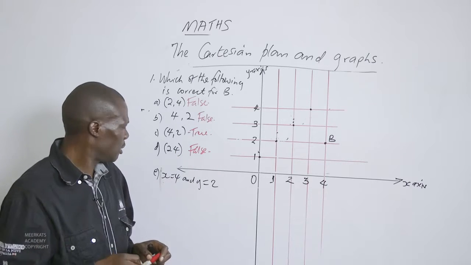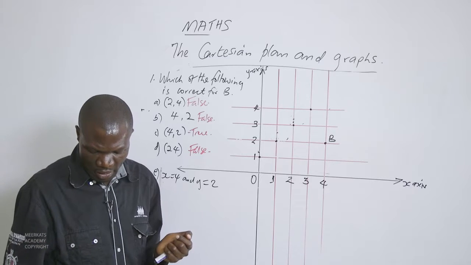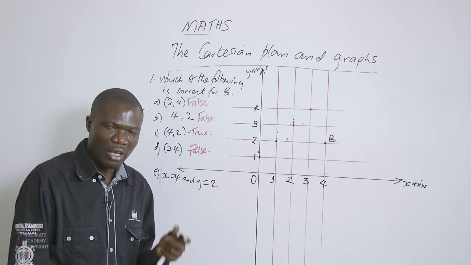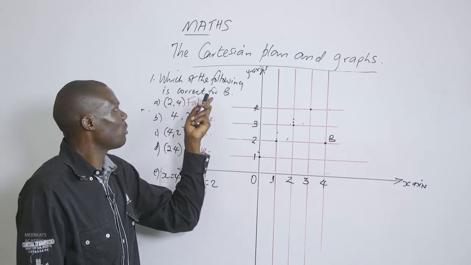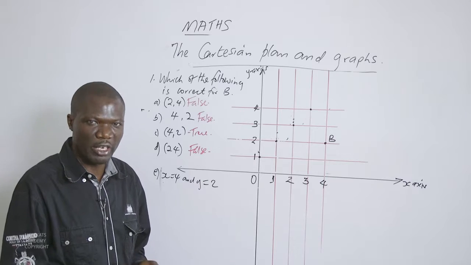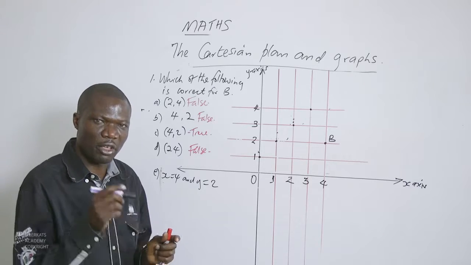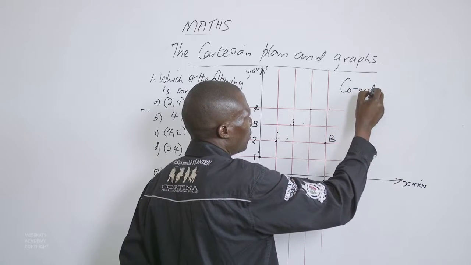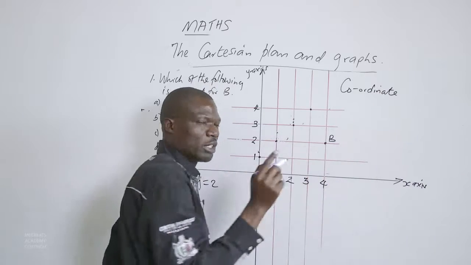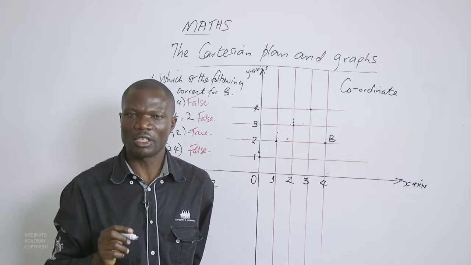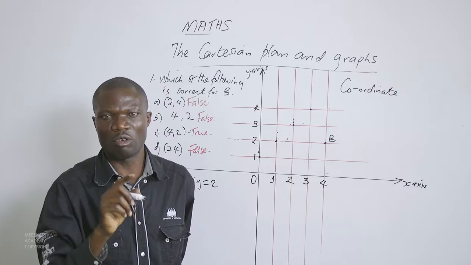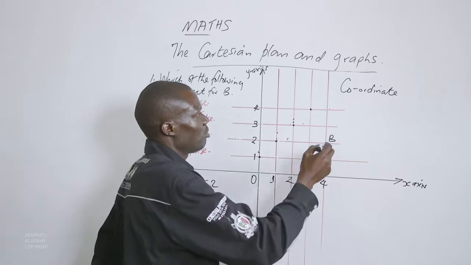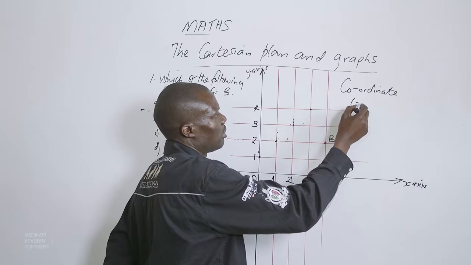Now for the last one, they are telling us that x is equal to 4 and y is equal to 2. Take note that what we are looking for here, B, is the coordinate. We said earlier when we were introducing the lesson that a coordinate is written in the form (x, y), all in brackets separated by a comma.